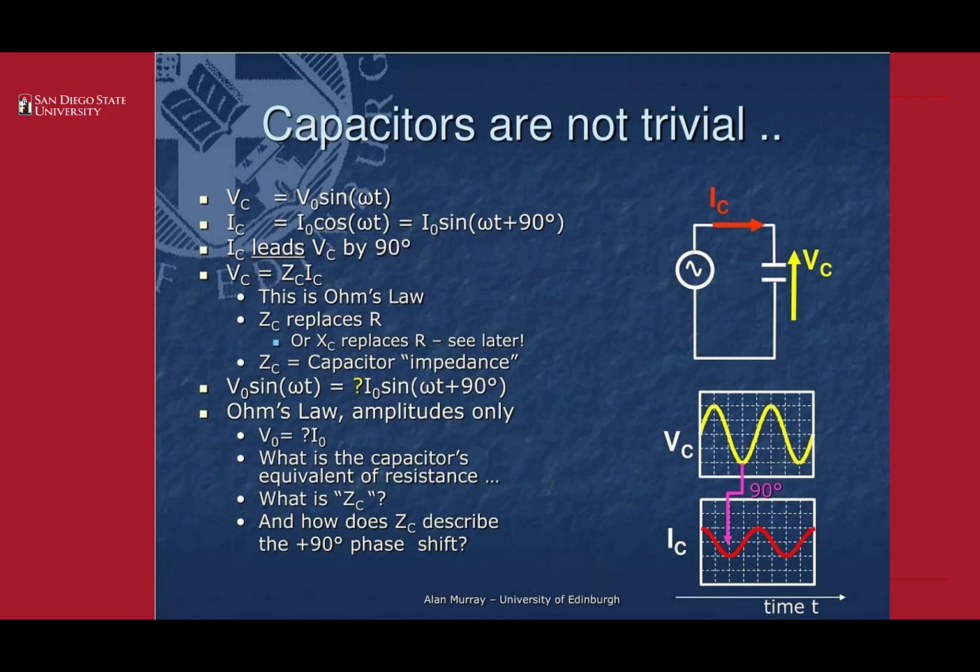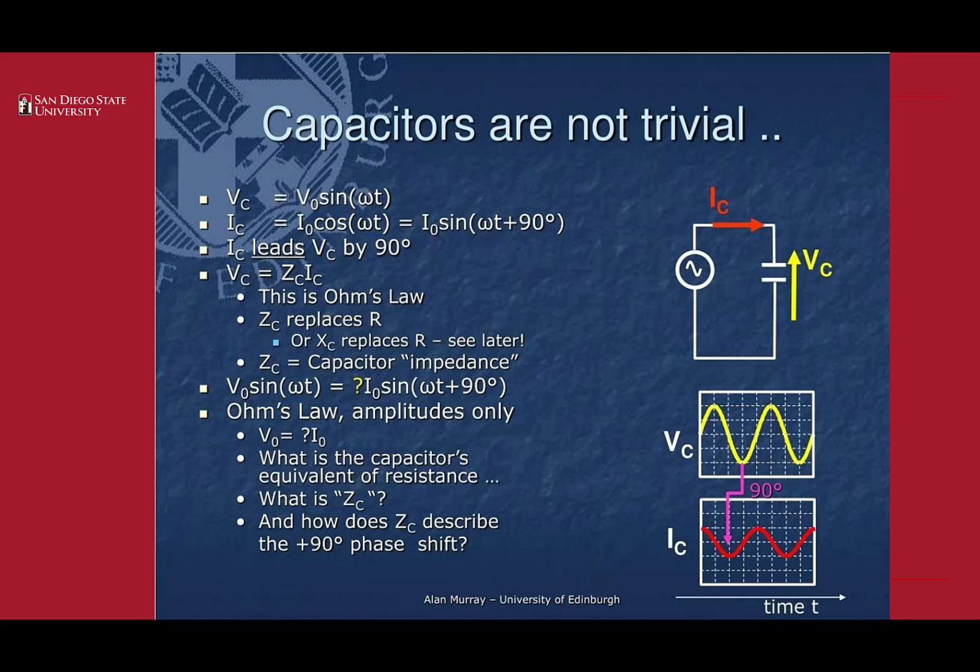Here IC leads Vc by 90 degrees, and Vc can be formulated as Zc times IC from Ohm's law, and here ZC is the impedance of the capacitor, and it replaces R from IR, the most generic and simple form of Ohm's law.